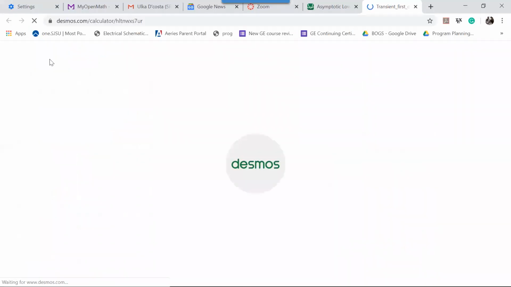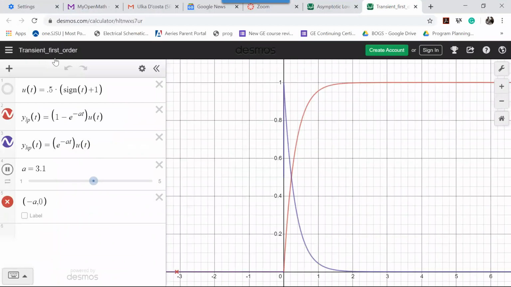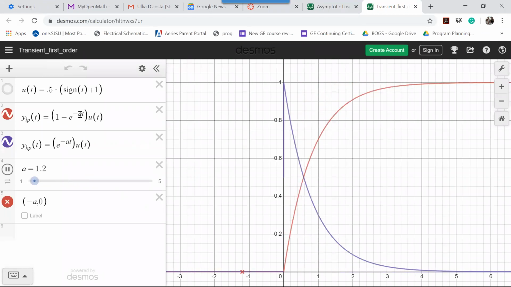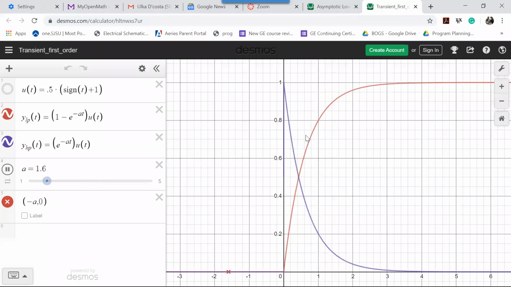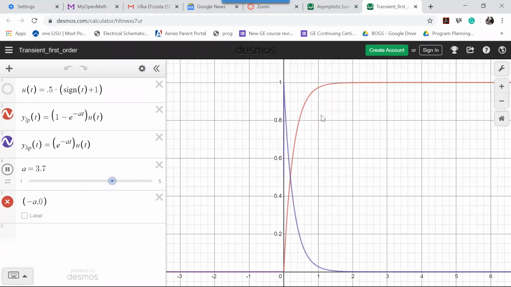Sorry, I wanted the transient. And so here's our omega naught, and you can see that as it's getting bigger, things decay faster. As it gets smaller, it decays or rises more slowly.